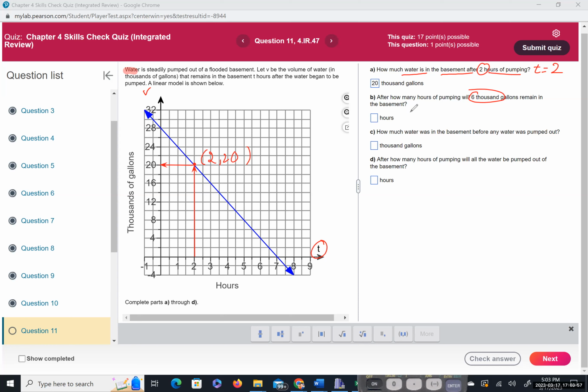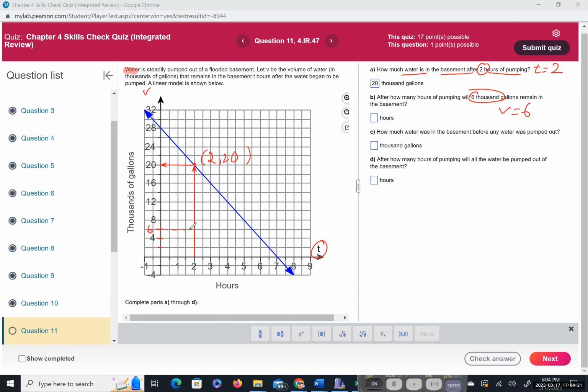Okay, remaining in the basement 6,000 gallons. So that means you look at the 6 here. So now I'm given V equal to 6. So we look at the vertical axis. Where is 6? Here's a 4. Here is 6, because each one in here is going to be 2. So 6 is here.